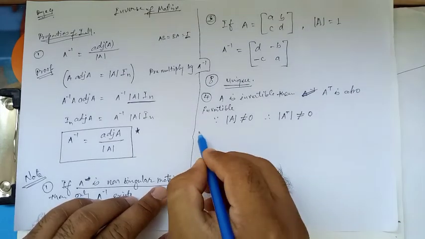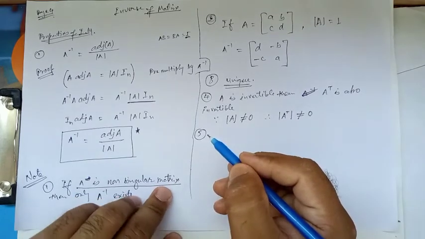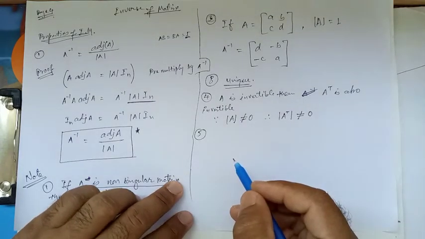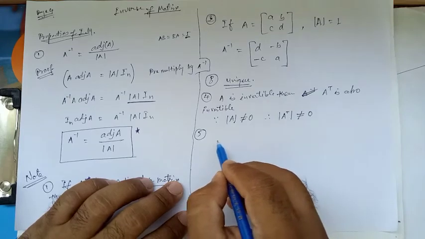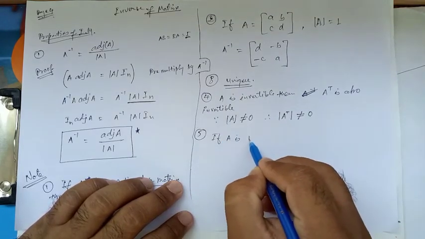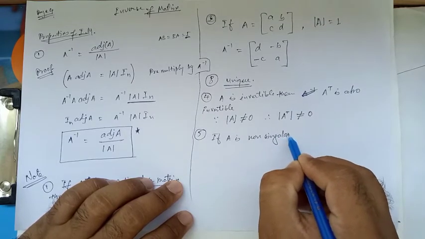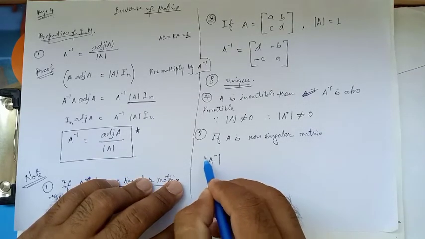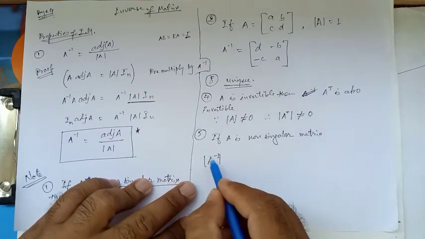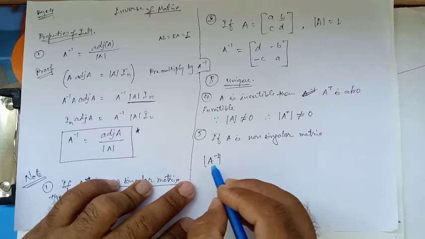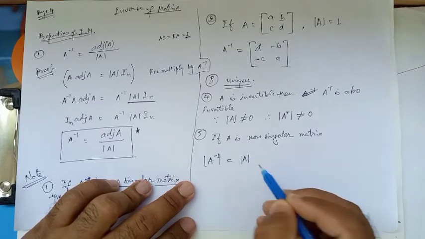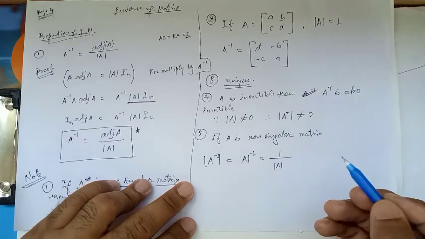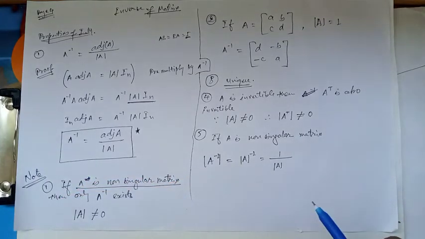Okay, the next point, point number 5. If A is a non-singular matrix, then if you are finding A inverse and after that the determinant of A inverse, I say better you find the determinant of A and take the inverse of that, or you can also write 1 divided by determinant of A. This is the same thing.